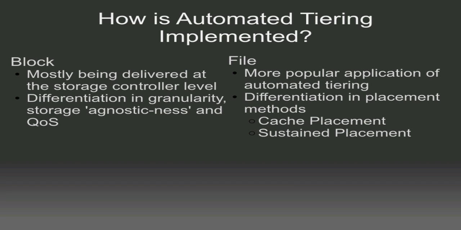There is some differentiation so far in granularity, as well as, I don't know if this is a real word, but agnosticness, as far as can I mix different vendors' products and things like that. In most cases, you have to get the entire set of tiers from a single vendor.